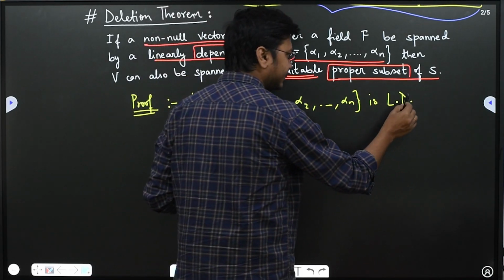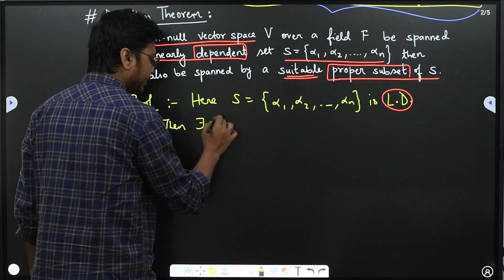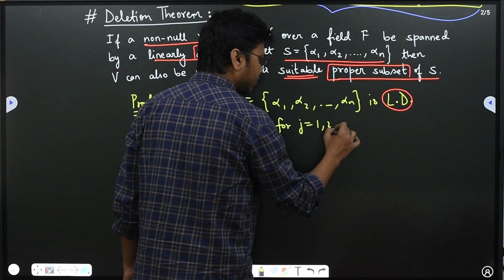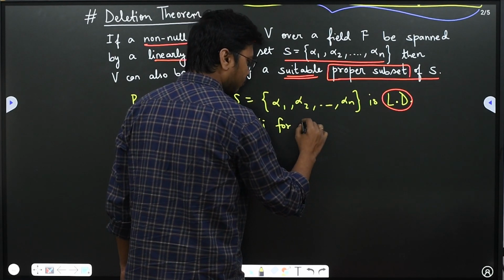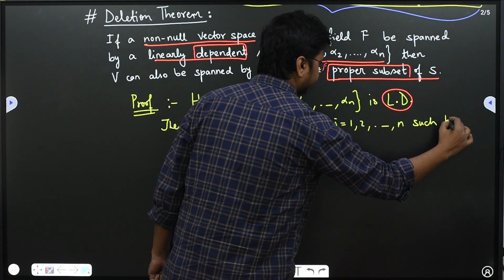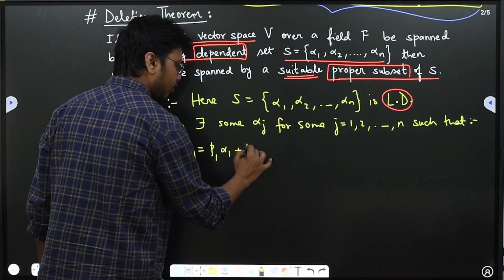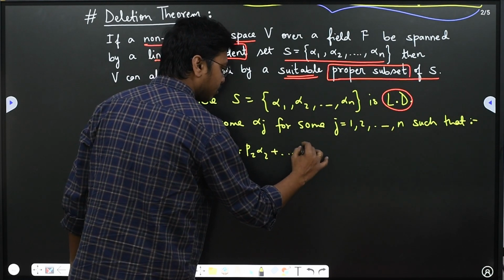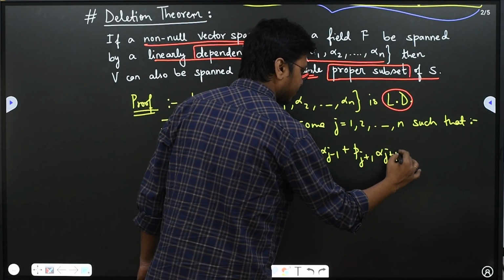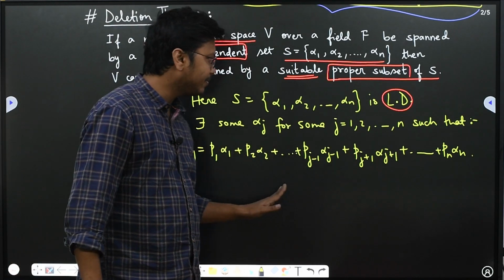So now the moment I have this, I'm just going to use my previous theorem, and I can say that there exists some alpha j, for some j equals 1 to n, such that alpha j can be expressed as the linear combination of the remaining other elements of the S set.